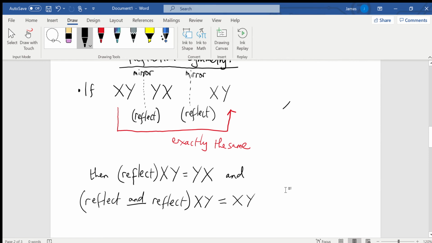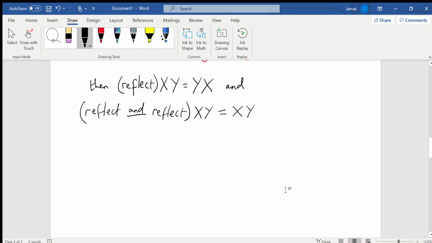Okay, so we can make some conclusions here. If reflect gives you the reflection, but reflect and reflect essentially gives you the reflection of the reflection, you get the original again. We can make a concluding statement.